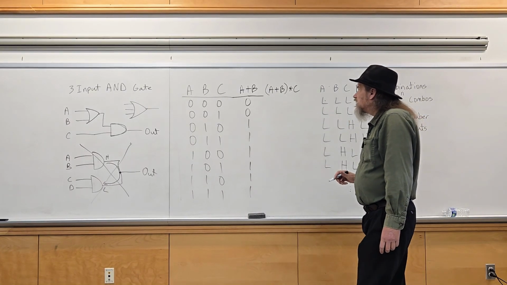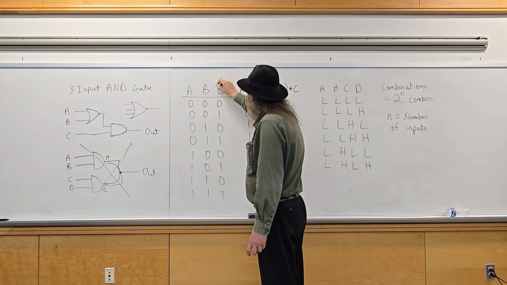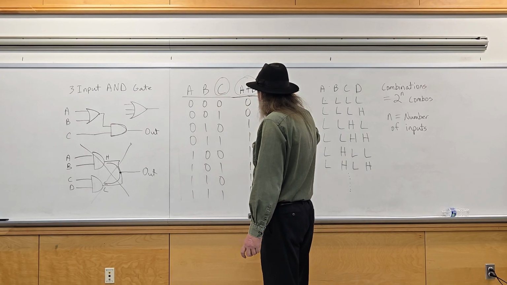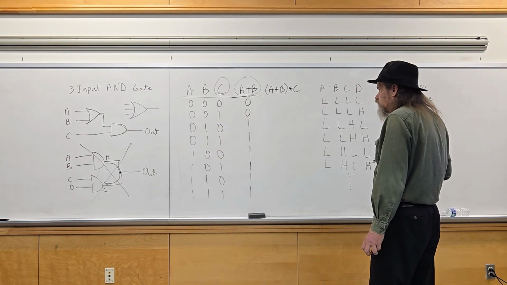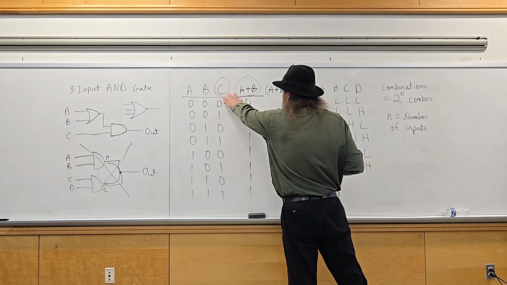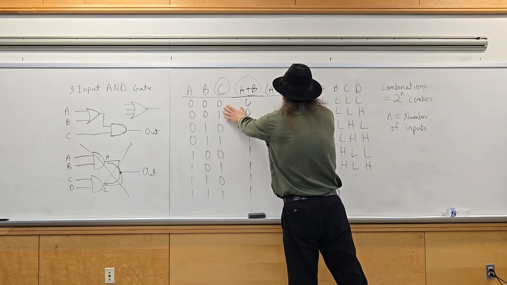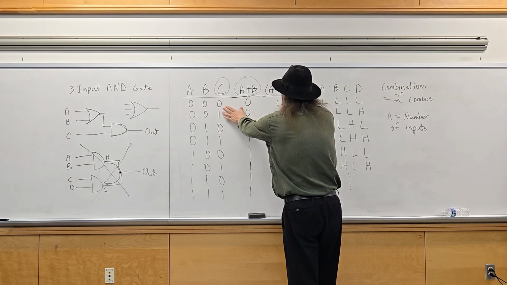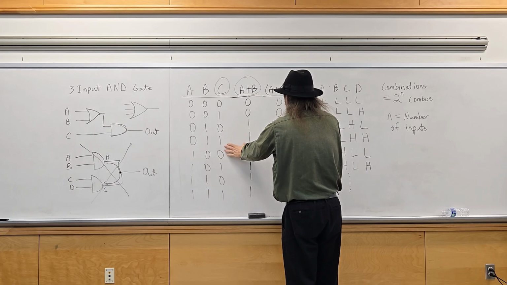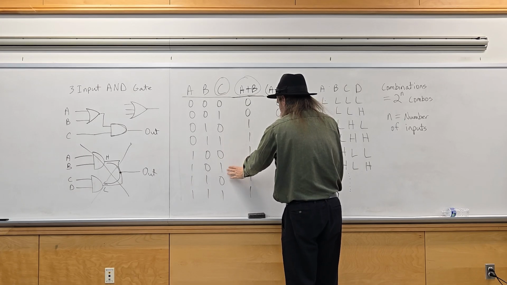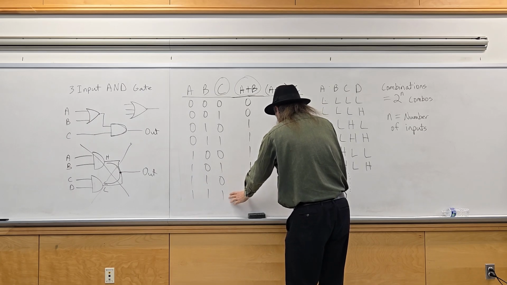Now we'll take this column and AND, multiply it, with the third column. So you AND these two columns together. So 0, 0, 0, 1, 0, 1, 0, 1.